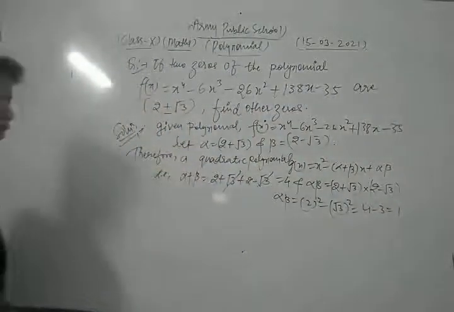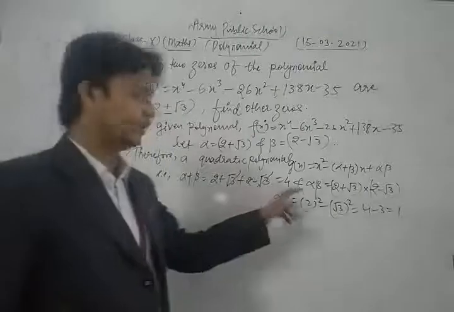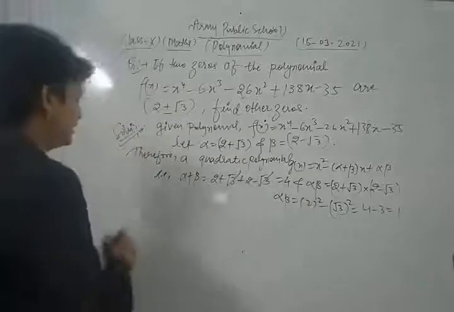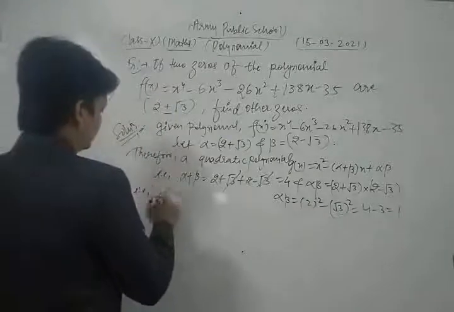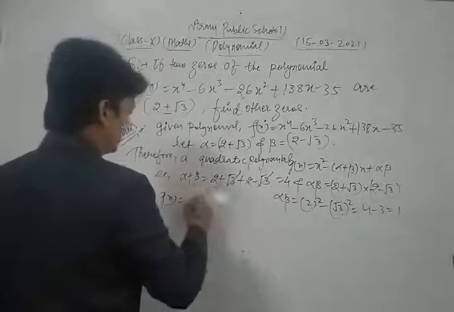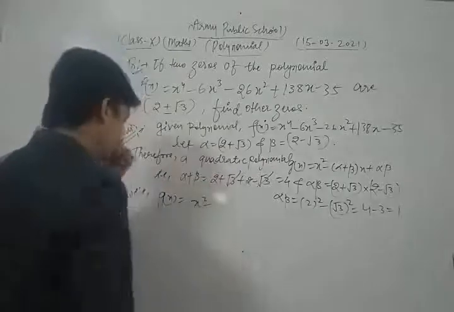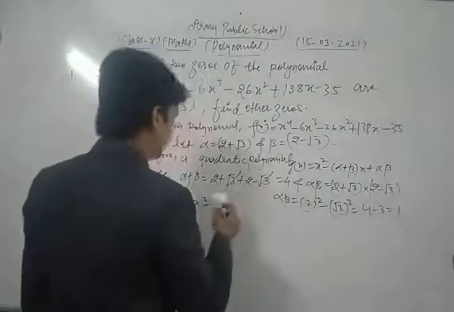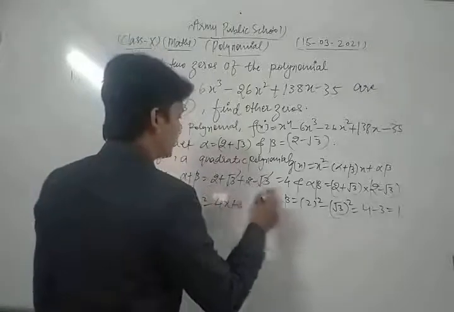So the sum of zeros is 4 and the product of zeros is 1. So the required quadratic polynomial is x square minus sum of zeros, which is 4x, plus product of zeros, which is 1.